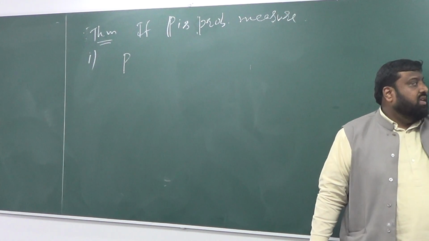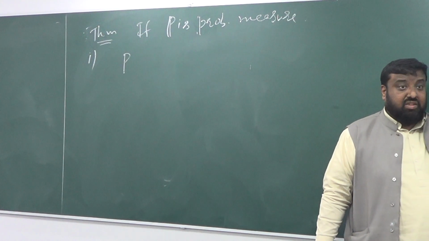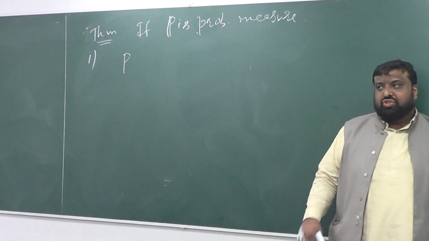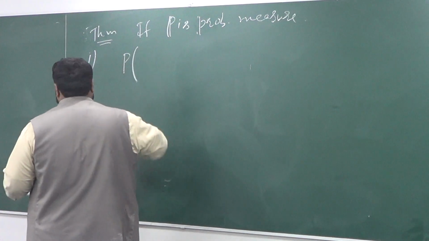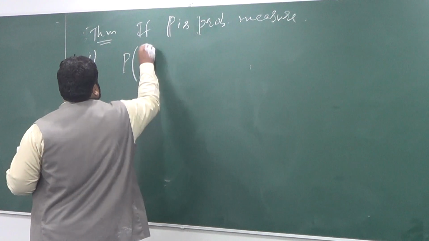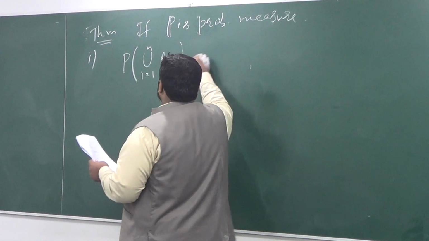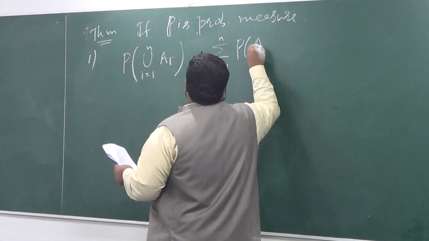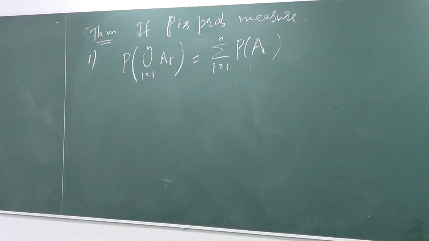But you can ask a natural question, how about finite? Would that be true for the finite? The answer is, if this is true, then it's true also for the finite actually. In other words, the probability of the union of i equal to 1 to n, A_i, is equal to the sum of i equal to 1 to n of the probabilities of A_i. Okay, the first property.